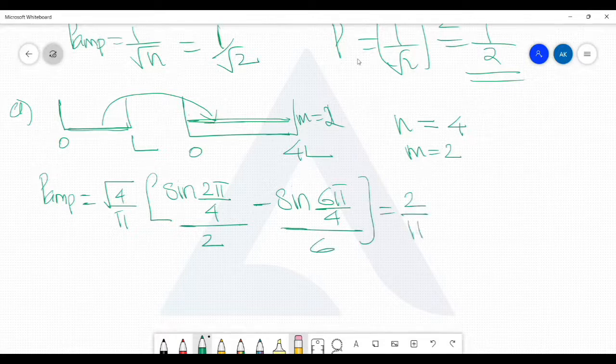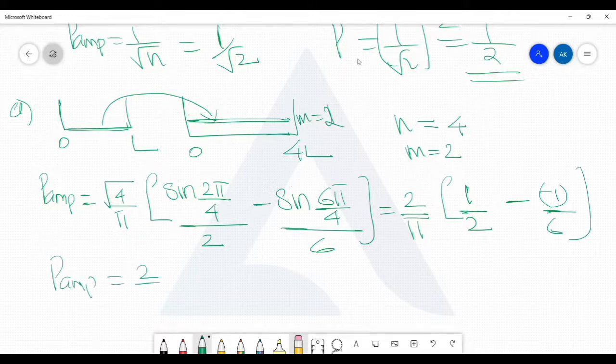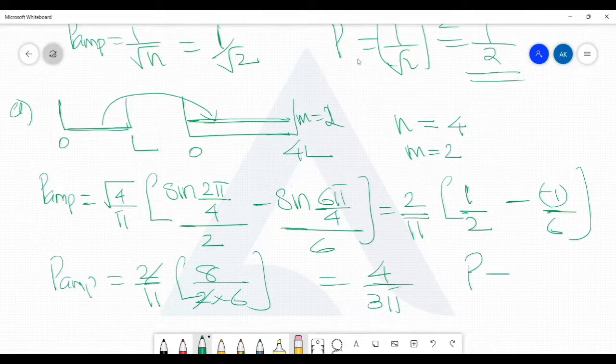That is 2 by pi into sine pi by 2, that is 1 by 2, minus sine 3 pi by 2, which is minus 1 by 6. So the probability amplitude is simply 2 by pi into 1 by 2 plus 1 by 6, which is 8 by 12. So this is simply 4 by 3 pi, and my probability is 16 by 9 pi squared.